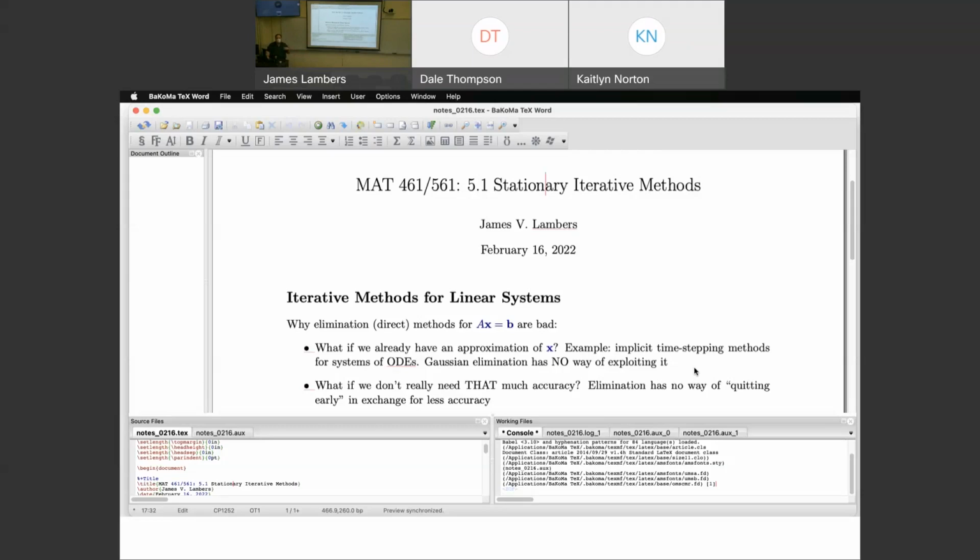Or at least you'd like to be able to do less work to get all the accuracy you could hope for, commensurate with whatever uncertainty you have. So if you have, say, 1% uncertainty in your model, then maybe it's fine to have a solution that's only accurate to 1%. And if you can get that for less than it takes to get full precision, you'd like to do that, because saving time is certainly essential. So direct methods don't allow this. There's no way to quit early and settle for less.